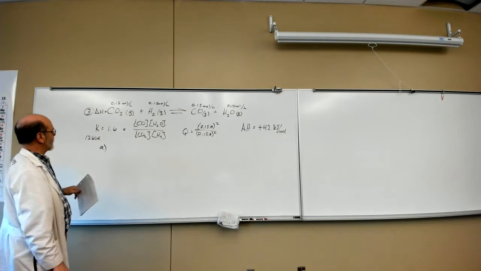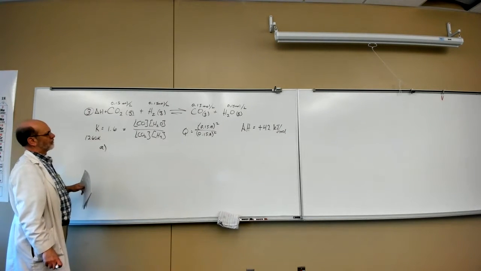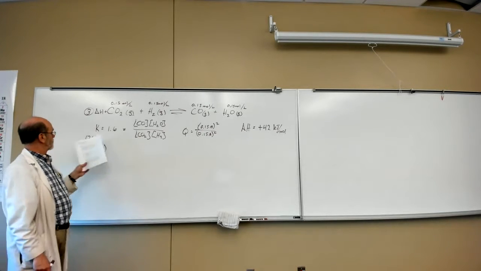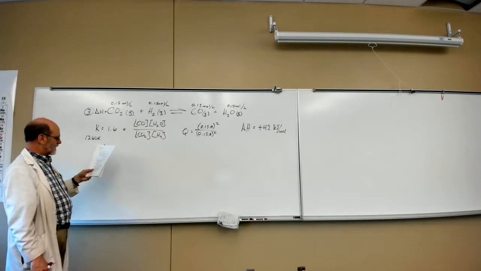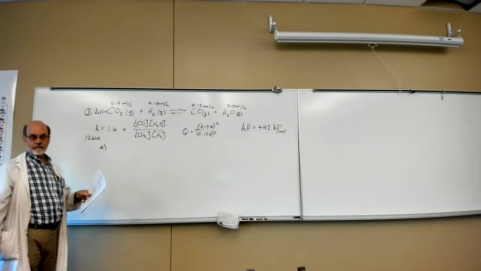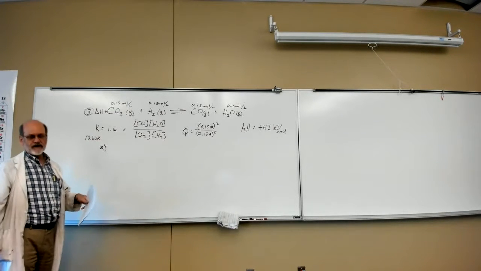Oh, we're not adding heat. We're not? It's at 1260 K, and it's an insulated vessel, so we're not adding any heat to it. Okay, so it already had the heat. Yeah, the heat's already there.